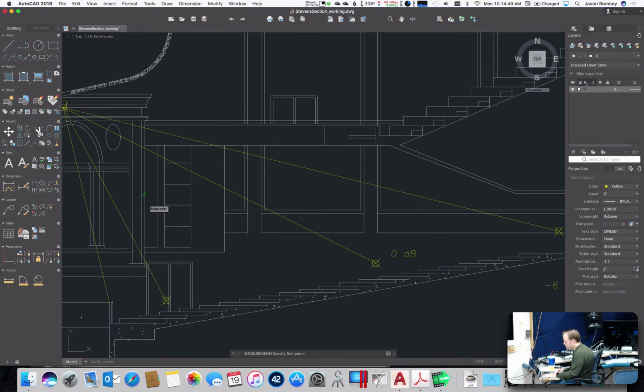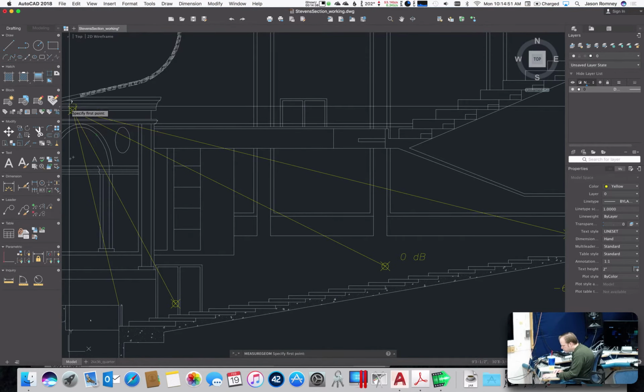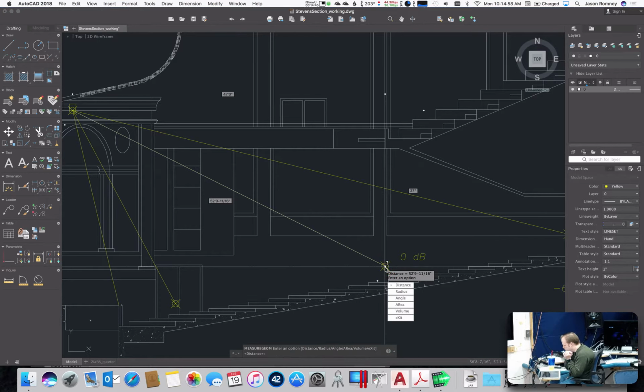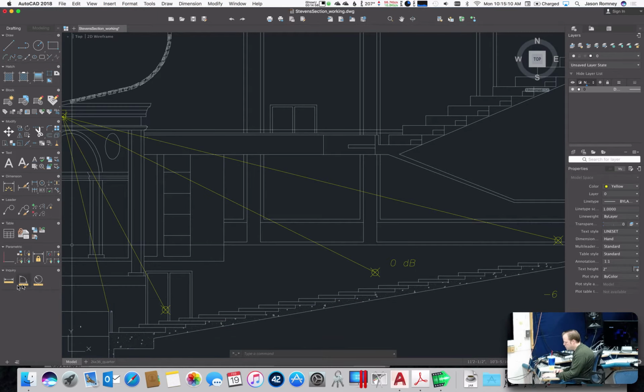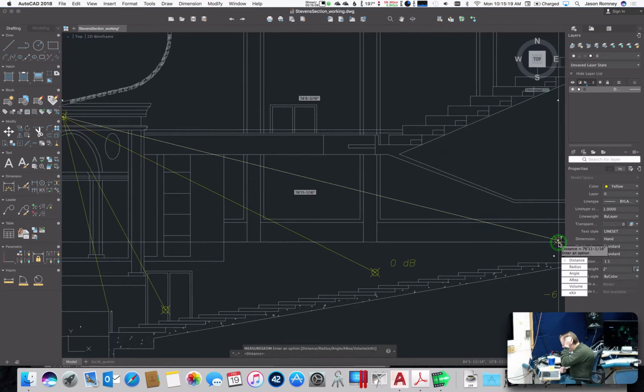The simplest way to figure that out is to get the distance to this middle seat, which is, somebody write this down, 52 feet 9 inches, so 52.75 feet. Let's see how far away the back row is. The back row is 76 feet 11 inches. We'll call that 77 feet.